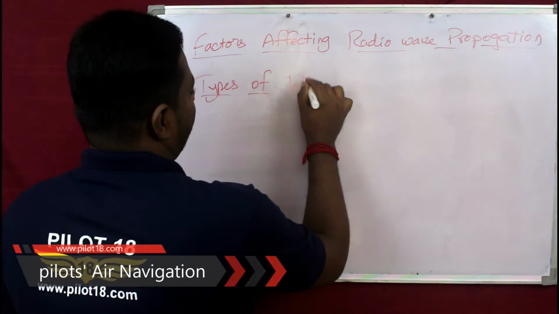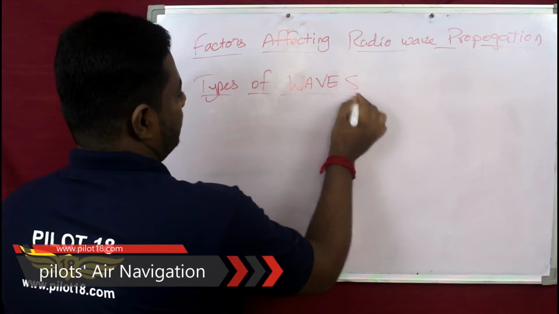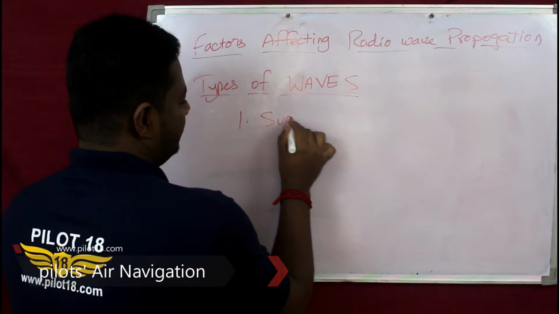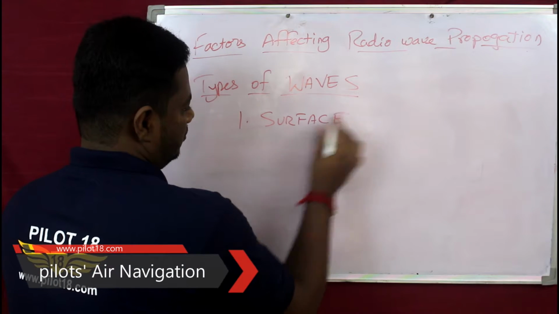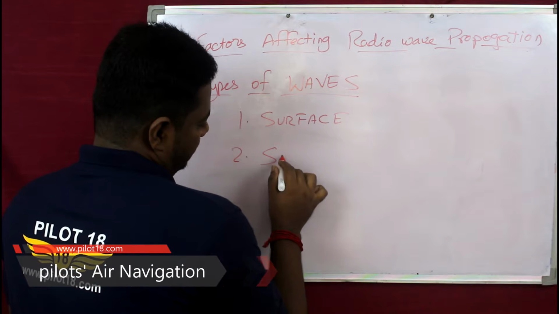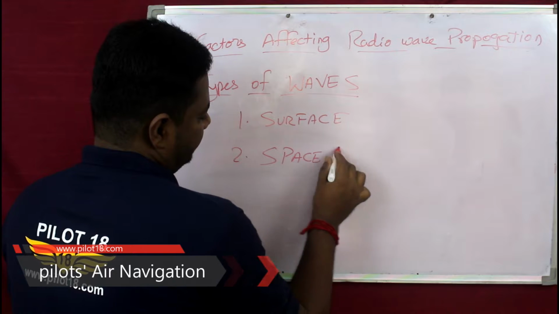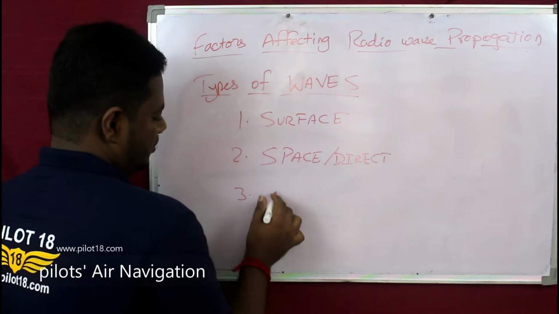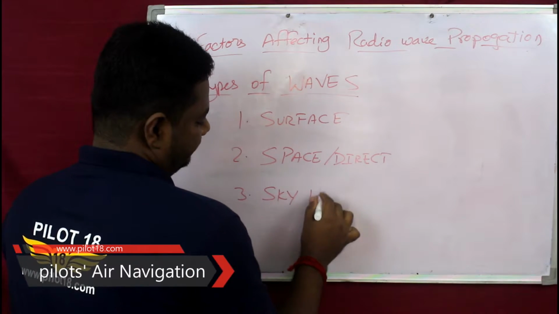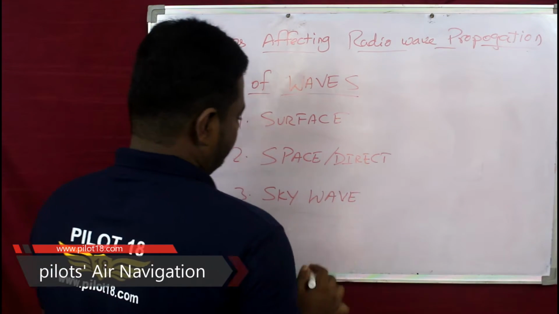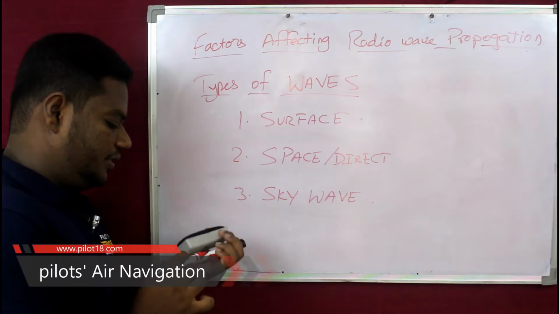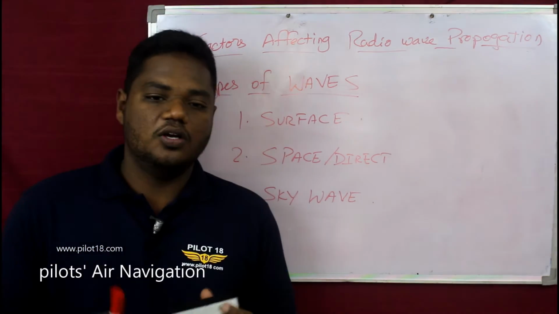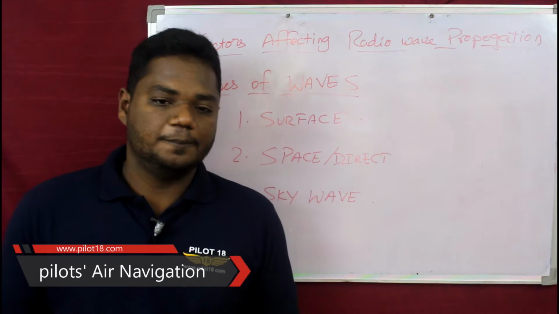Next type of waves, right? There are three important waves: surface, space or direct, and third one, sky wave. As the name itself says, surface wave means the radio wave will travel over the surface, right?